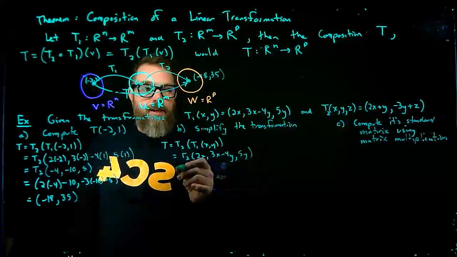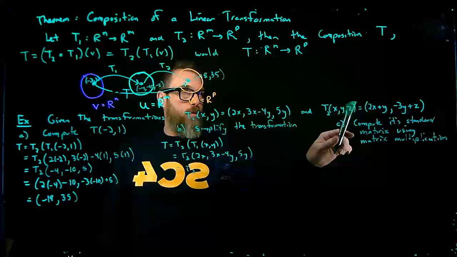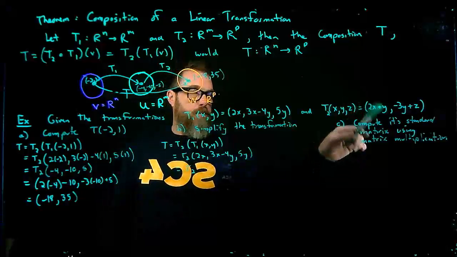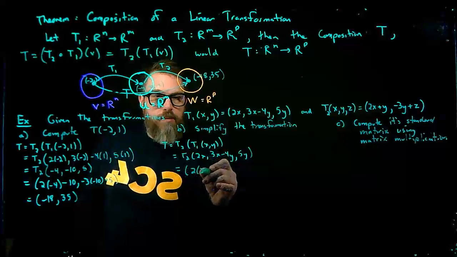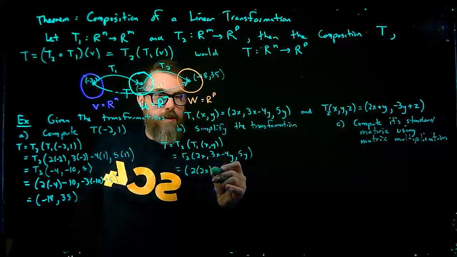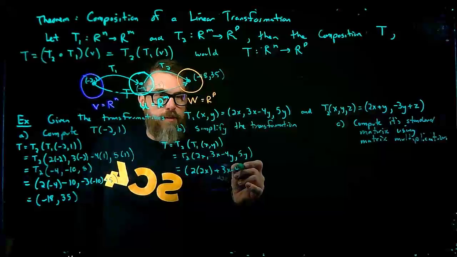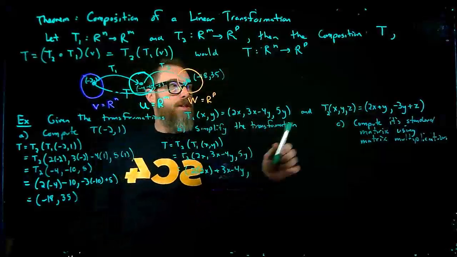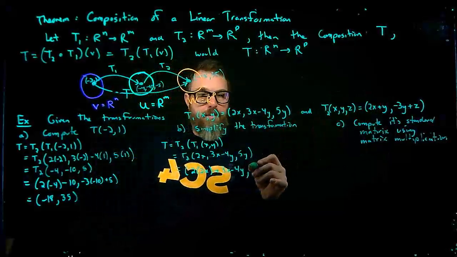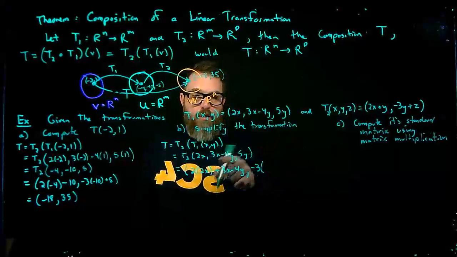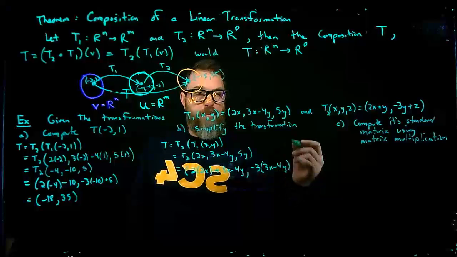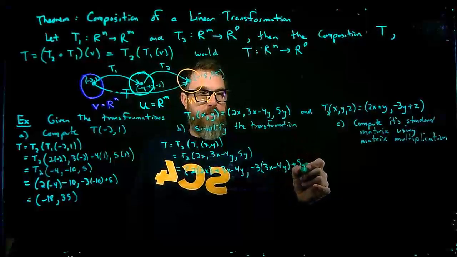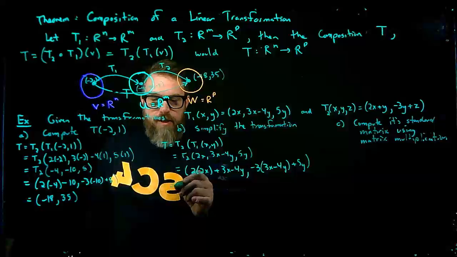Now T2 says I have to do 2 times the first component plus the second component. And then the second component is going to be -3 times y, which is the second component, and then plus z, which is that last component. All right, now I'm going to simplify this as much as I can.